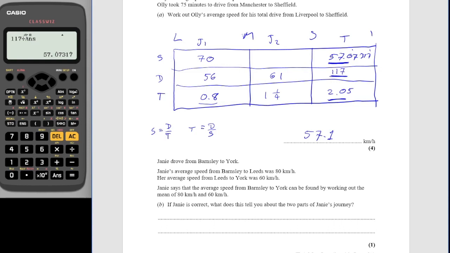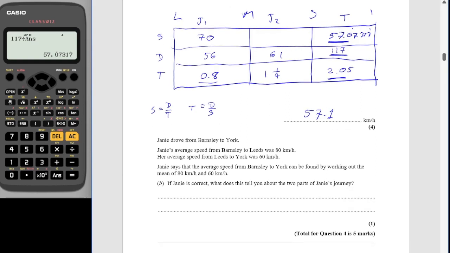Well, if you think speed is equal to distance divided by time, so if we're taking the average, both journeys must have taken the same amount of time, because for you to be able to take the average, it must mean that the time taken for both parts of the journey must be the same.